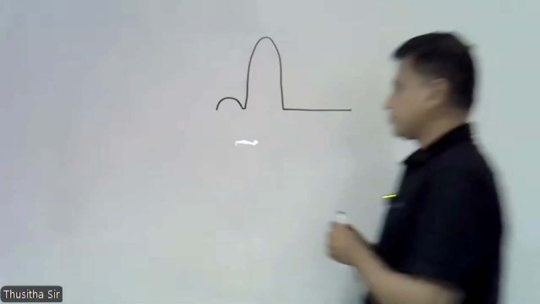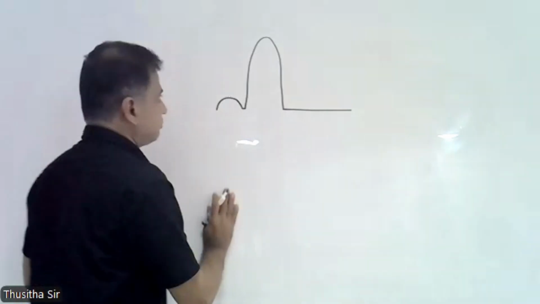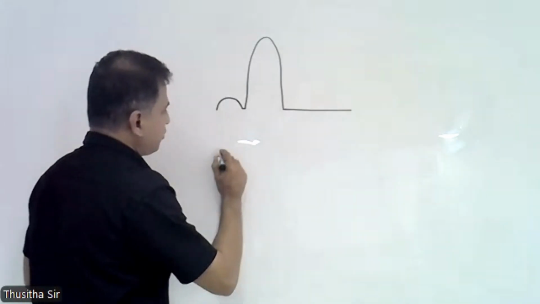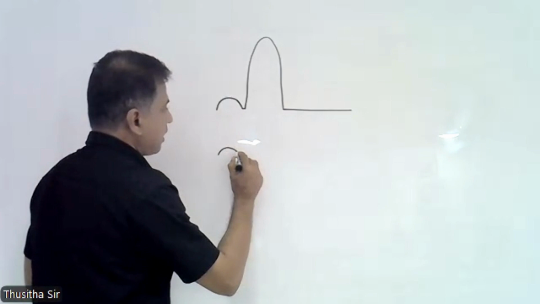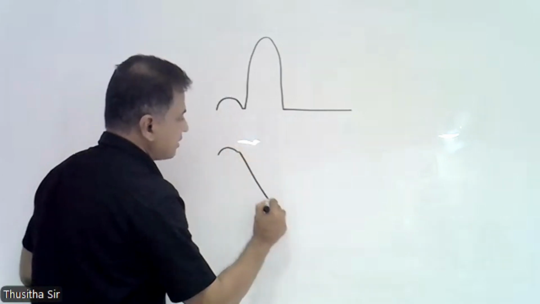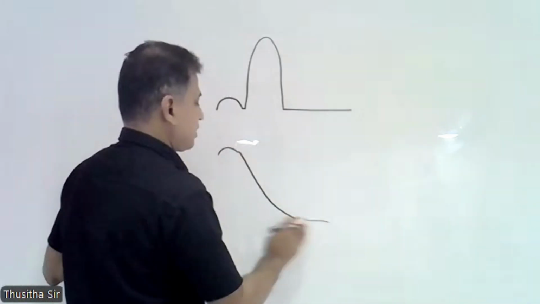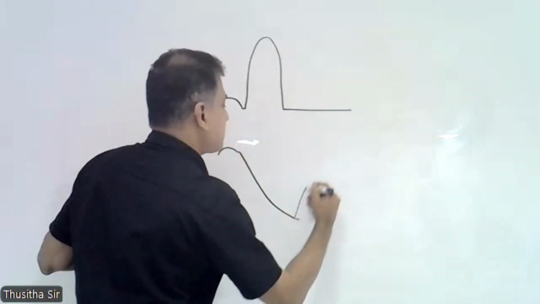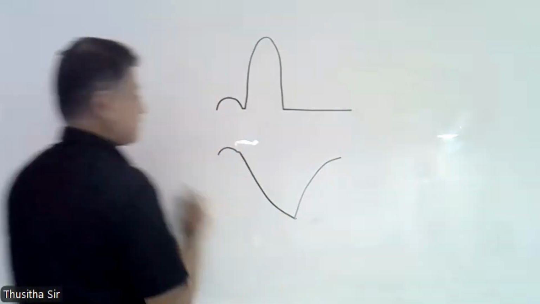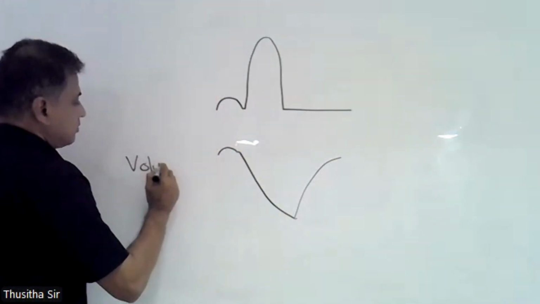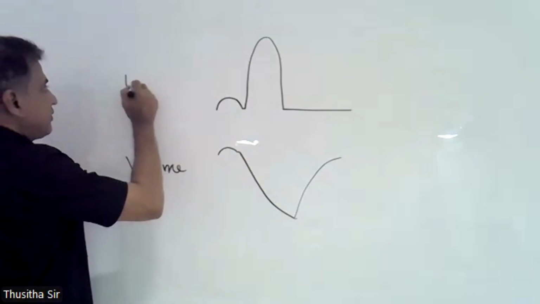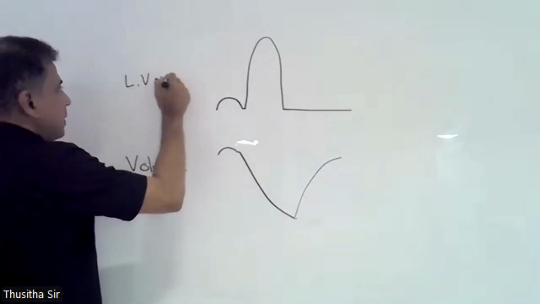And the volume goes like this, and then decreases, and then like this. It's filling, right? So then it starts to fill. That's the volume, and that's the left ventricular pressure.